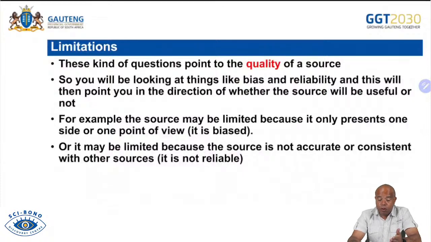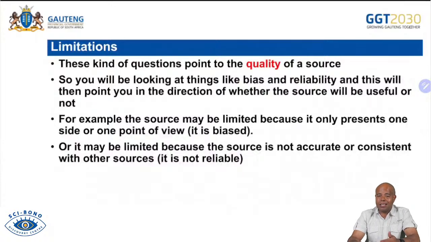So we spoke already about bias. Or it may be limited because the source is not accurate and consistent with other sources. So what can we see when they talk about limitations? We look at whether the source is biased, and if there's no date, take note, if there's no date that indicates when the source was actually published. And we need to also look at the author.